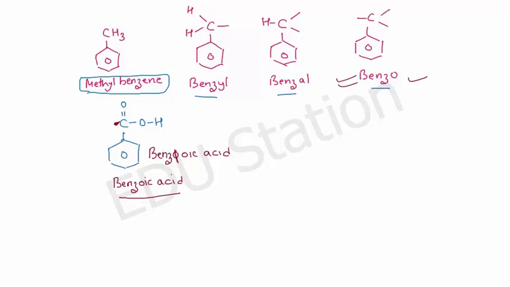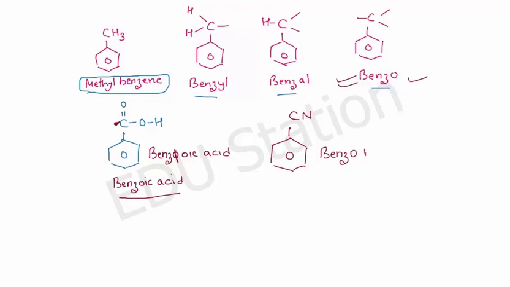So this benzoic acid term is coming from this logic. If the benzylic carbon has no hydrogen attached to it, we use the word benzo. So again, we'll take an example. If you have CN, nitrile is actually C triple bond N. Again, the benzylic carbon has no hydrogen attached to it. So we'll use the word benzo.